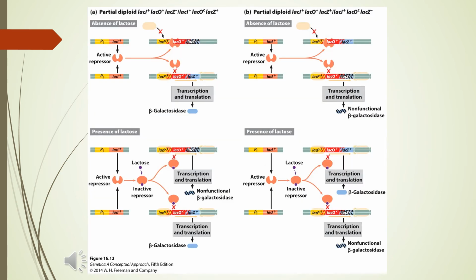So now we are going to discuss what will happen to the partial diploid lac I plus, O plus, Z minus, I plus, O constitutive, lac Z plus. In the absence of lactose, lac I plus will produce active repressor.